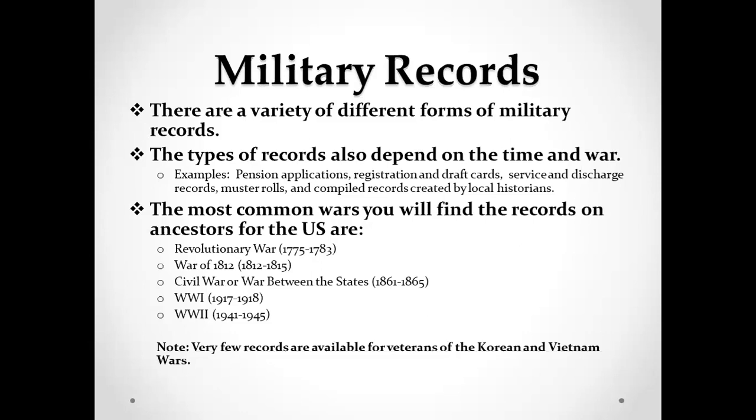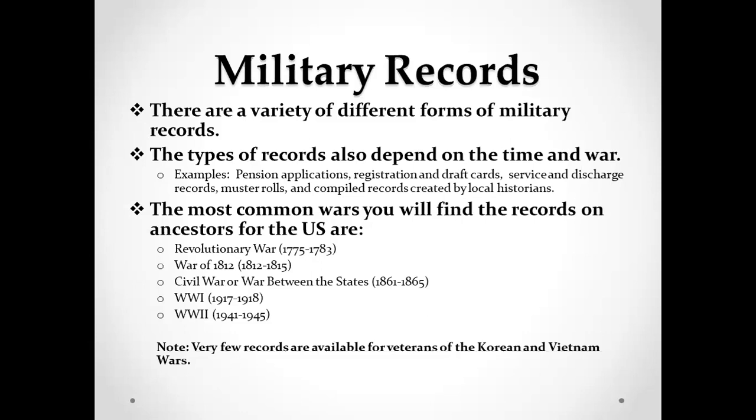Examples of these records are pension applications, draft registration cards, service and discharge records, muster rolls, and then you can also find compiled records that are created by local historians in different places that have these types of records already abstracted for you.